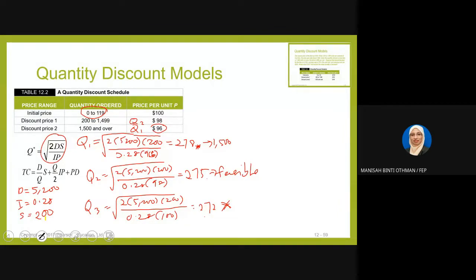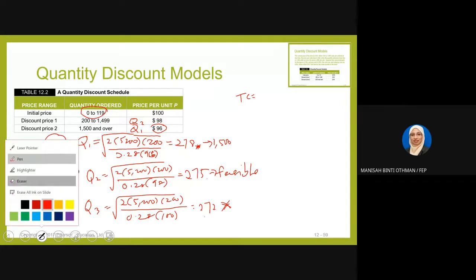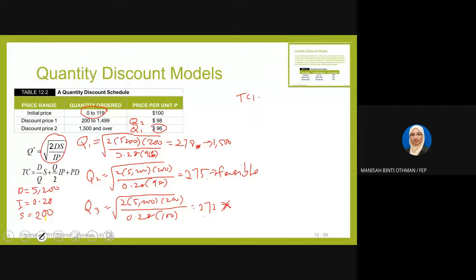Alright, so now you already have the EOQ, economic order quantity, for every price. Now you have to calculate the total cost for each price. Total cost 1, which is for $96. Then we will use this formula: total cost is demand 5,200 divided by the Q1 quantity, which is 1,500.